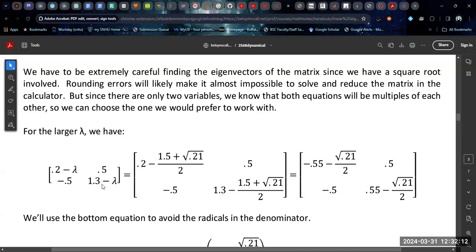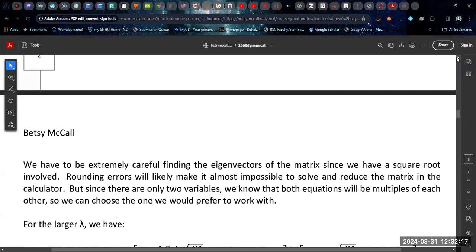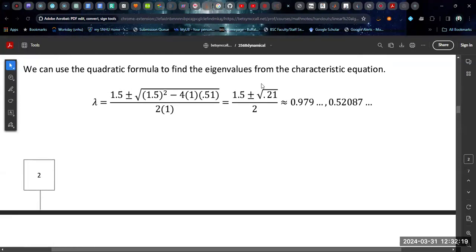So we're going to start with the larger lambda value, and we're going to use the value we obtained, not in decimal form, but here in the 1.5 plus or minus the square root of 0.21 all over 2. We're going to use the positive version to start with.